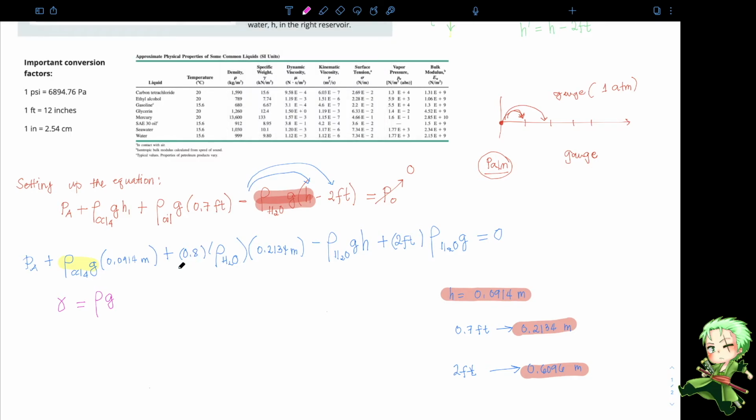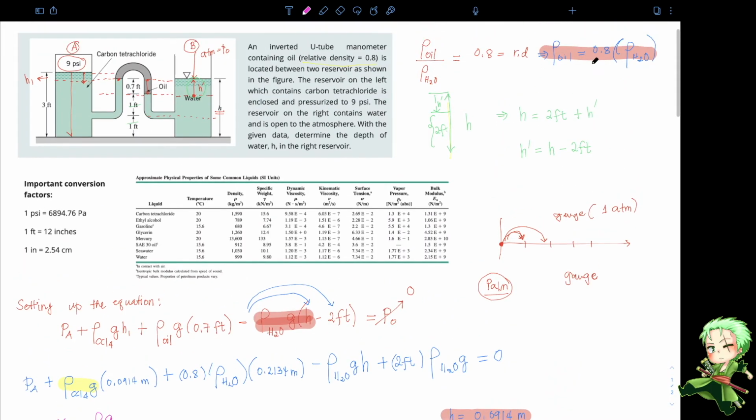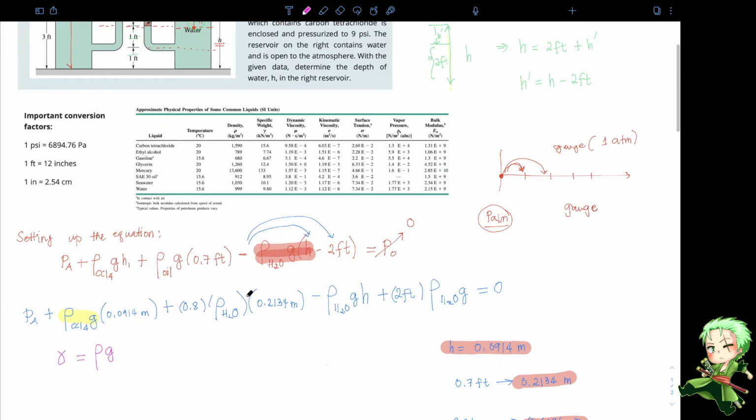In this case, you have 0.8 times the density of water, that is the density of oil from this one, and we actually forgot g, so times g. If you can see, you have density of oil times g still, rho times g, rho times g.